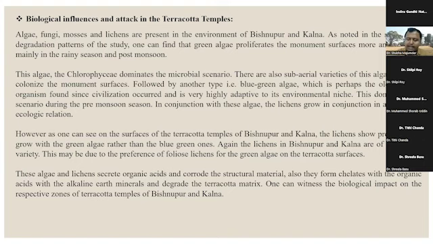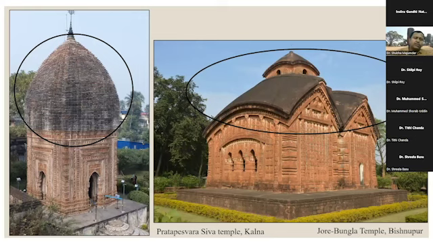There are also sub-aerial algae, and they colonize the monument's surface. So these algae very much affect the terracotta plaques of the temples. However, one can see on the surface of the terracotta plaques of Bishnupur and Kalna that lichens show a preference to grow with the green algae rather than the blue-green ones. This is the more scientific way, and I try to discuss this through the photographs.